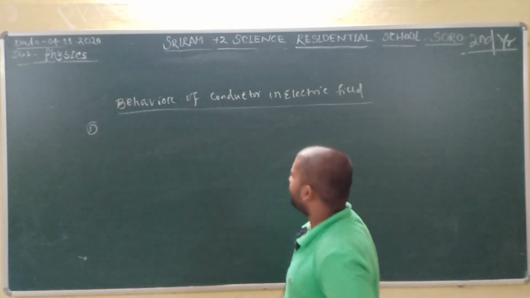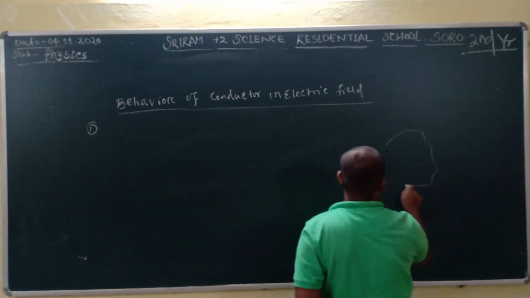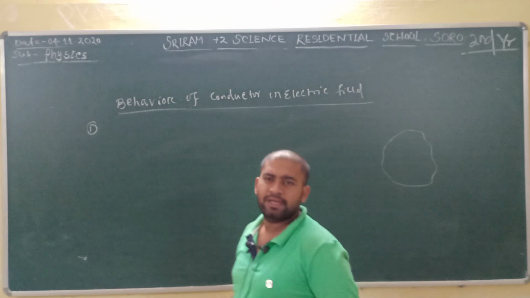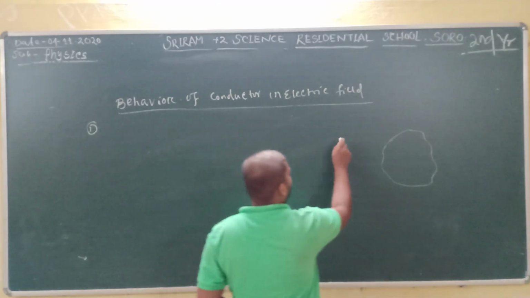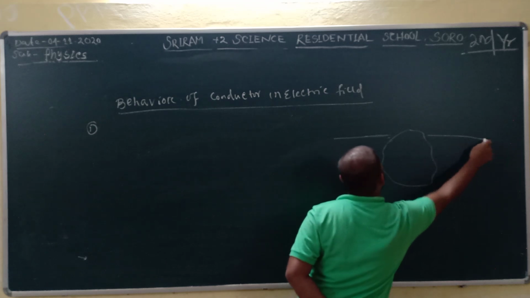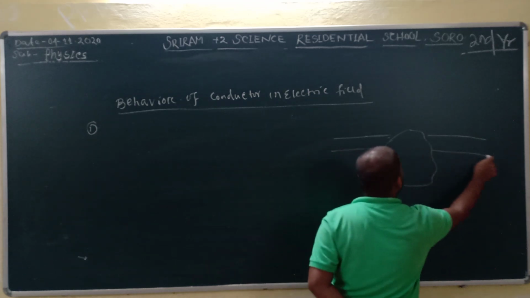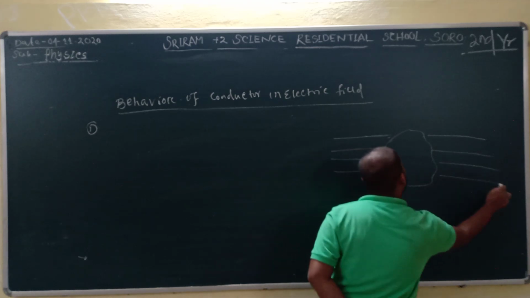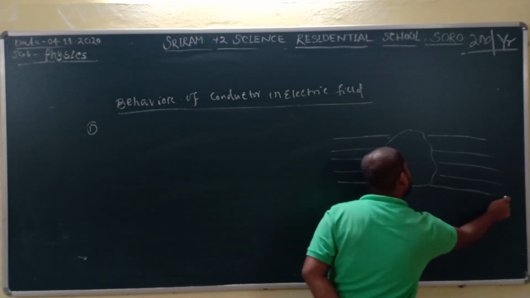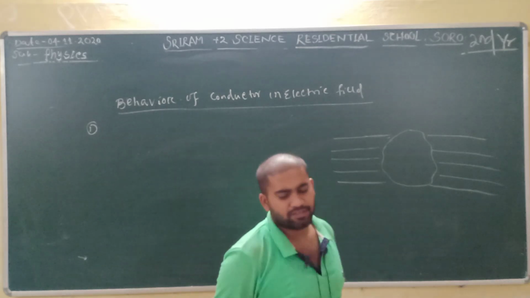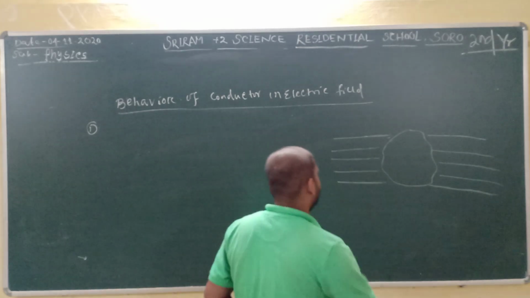Suppose this one is a conductor. When we place a conductor in a uniform electric field, suppose this one is a uniform electric field, what happens?